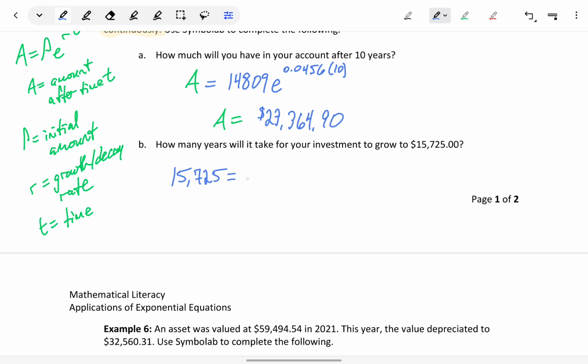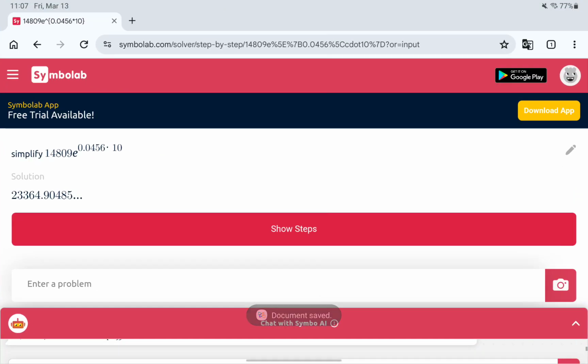If we're still investing that same amount, $14,809, times E to the RT, where the interest rate hasn't changed, 0.0456. But what has changed now is T, the missing piece of information. Because what we're trying to do is solve for T, the number of years it will take for our investment to grow to this amount.